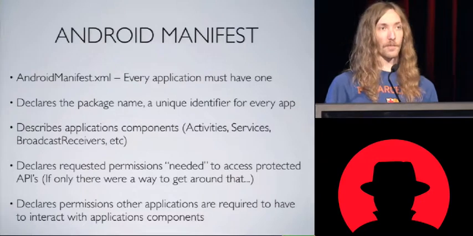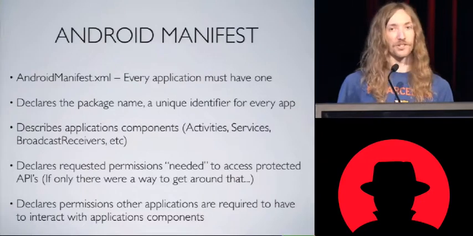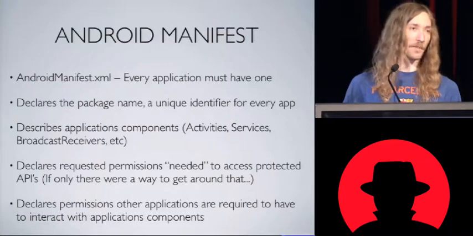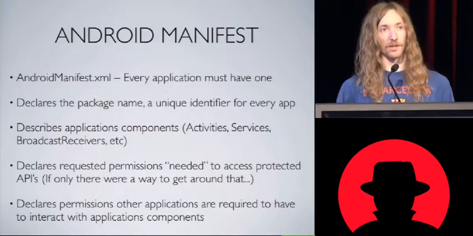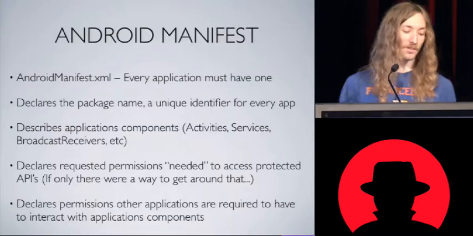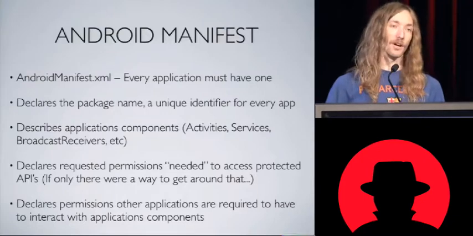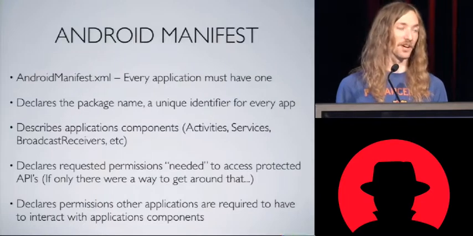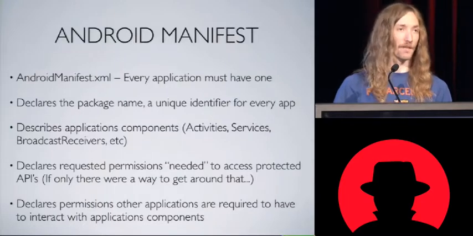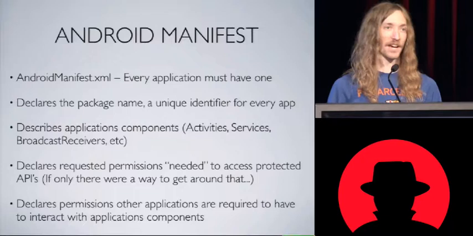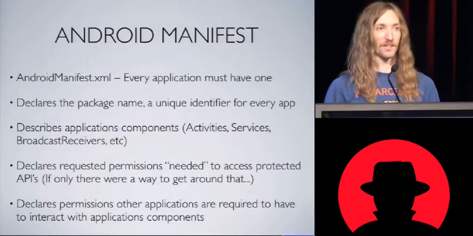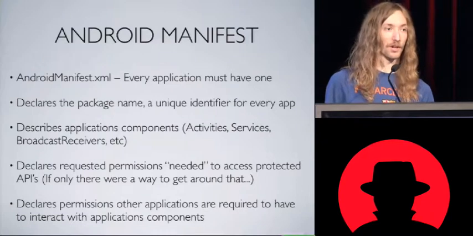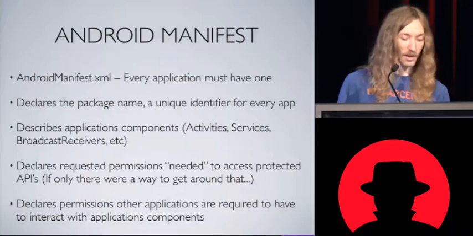So it's going to declare both requested permissions that the application needs to access a lot of the protected APIs and a lot of the content, as well as declare permissions that other applications would need to access components within the application itself if they want access to some of the activities or to be able to receive intents and the application has set permissions to access that.